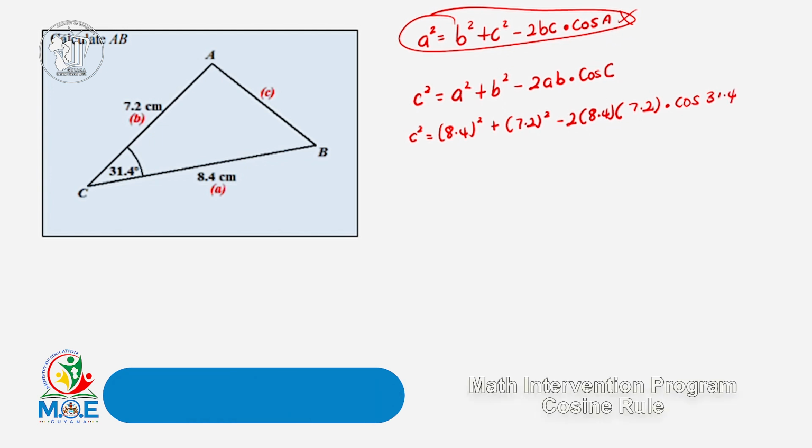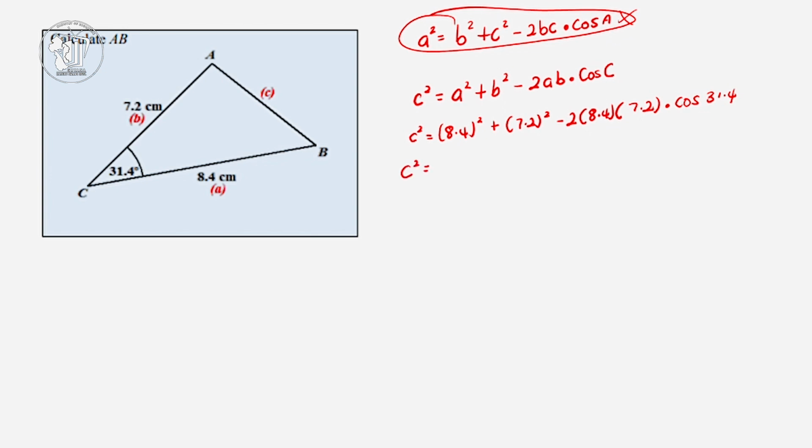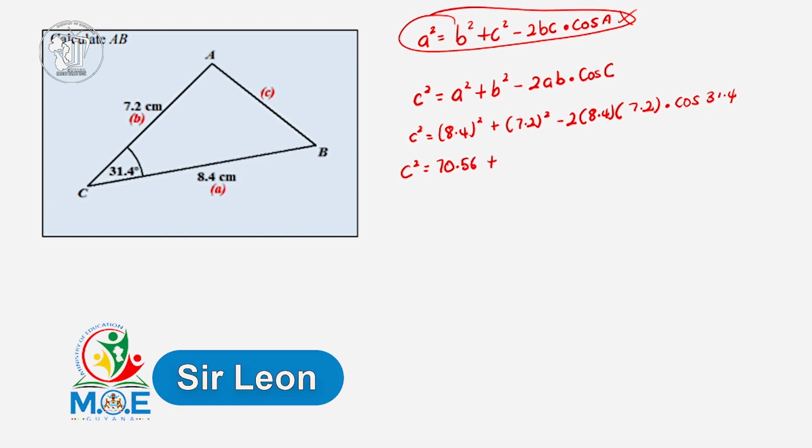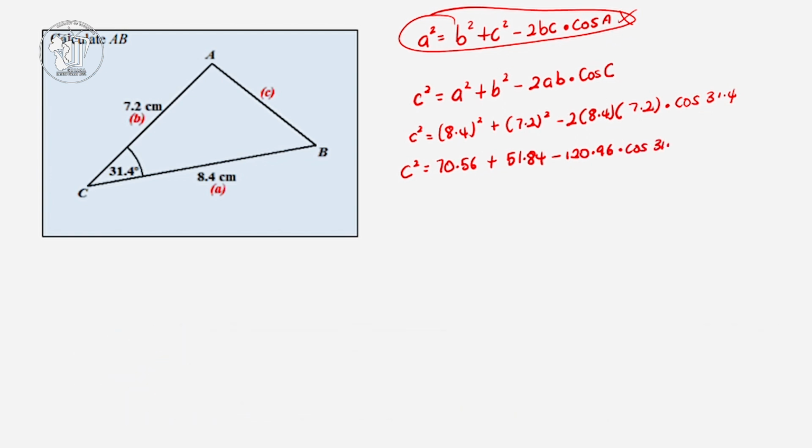So it's just for us to work this out now. c squared is equal to 8.4 squared, which gives us 70.56, plus 7.2 squared, which is 51.84. And now we multiply. So subtract 2 multiplied by 8.4 multiplied by 7.2, which gives us subtract 120.96 multiplied by cos 31.4.